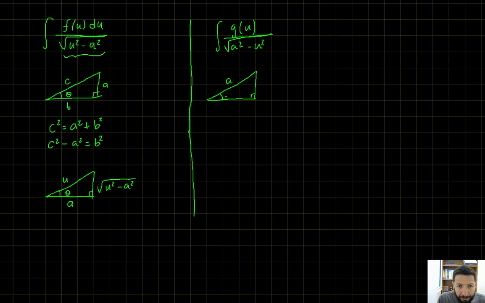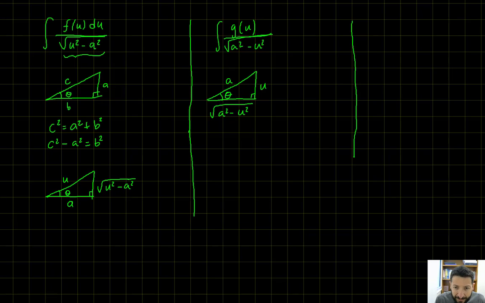And when you put it there, you usually will put your u here so you get a sine substitution. We're going to get into the details of that in one second. But here then you would have a squared minus u squared. So this would be your generic triangle for this type of substitution.